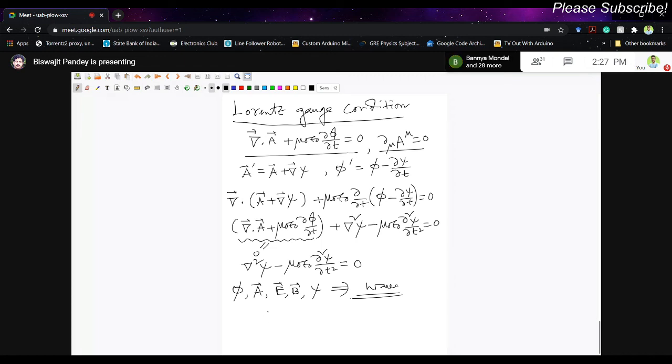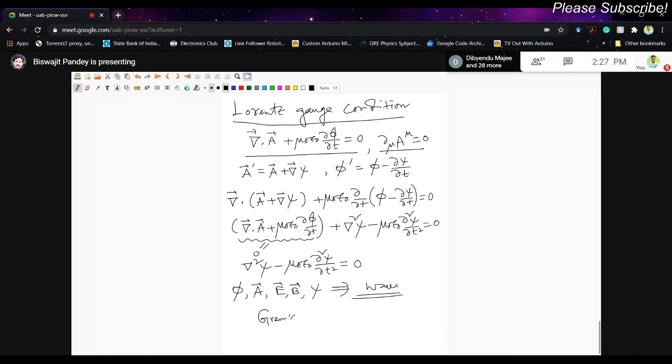And we shall discuss the first. I already told you the Green's function method is the conventional way of solving these inhomogeneous Maxwell's equations. So we are going to solve the inhomogeneous equations of Maxwell's by using Green's function method in the next class.